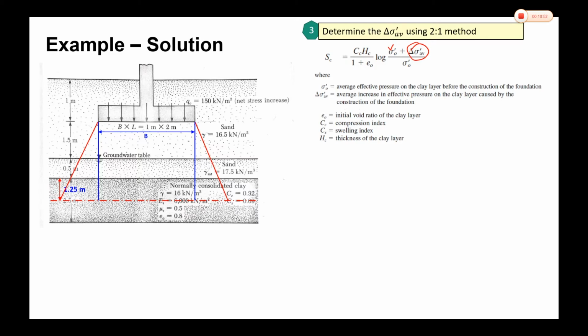At the base of the foundation, the size of the foundation. So when we go down here, it's still size B, by using the 2 to 1 method.